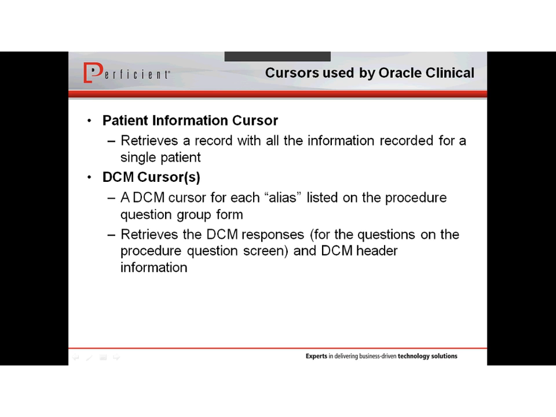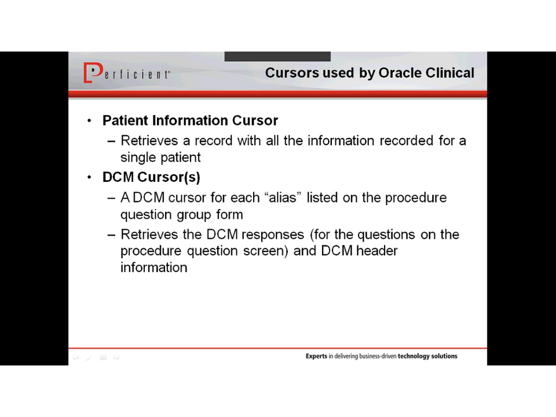Now, there are two cursors which are going to be used by Oracle Clinical. That's the patient information cursor and one or more DCM cursors. The patient information cursor is going to retrieve a record with all the information recorded for a single patient. The DCM cursor is going to retrieve for each alias on the procedure question group screen. Remember when you go down to question groups on the procedure definition screen, you specify an alias, you specify one record in that particular screen.